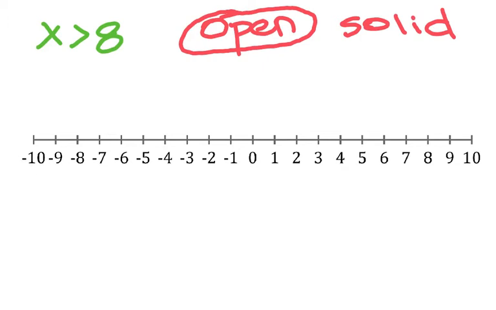So step 2, I'm going to go over to number 8 and give it an open circle. And now x is greater than. Does that go to the left or does it go to the right? Greater than goes towards the bigger numbers, which is to the right.